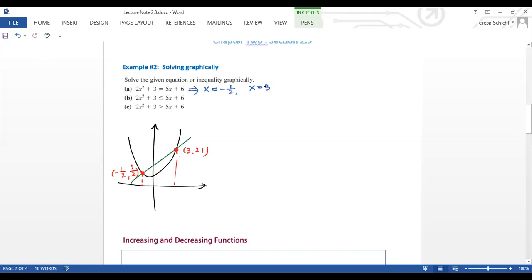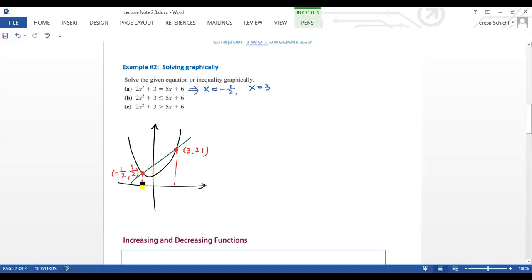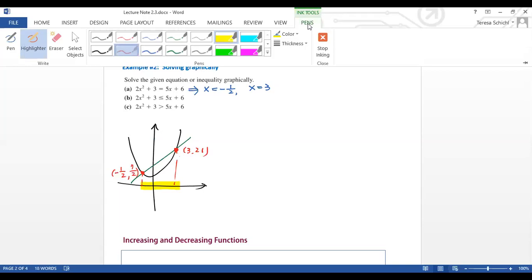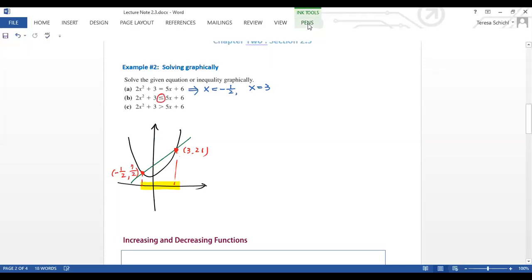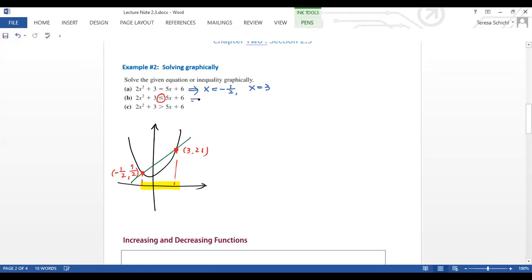Okay, so now the next one here, they say 2x squared plus 3, that means this parabola is less than the line. So where is the parabola less than the line? It's here, correct? So this is where the parabola is less than the line. And because it does have the equal sign, what do I need to write here? So I know the solutions here.